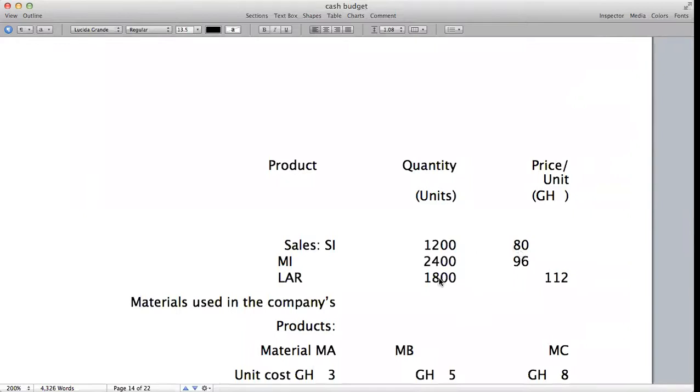Then the material used in the company's products. Material usage, in fact, the arrangement has shifted a little. I think you have the unaltered version. So check if you have what I'm reading in your handout.